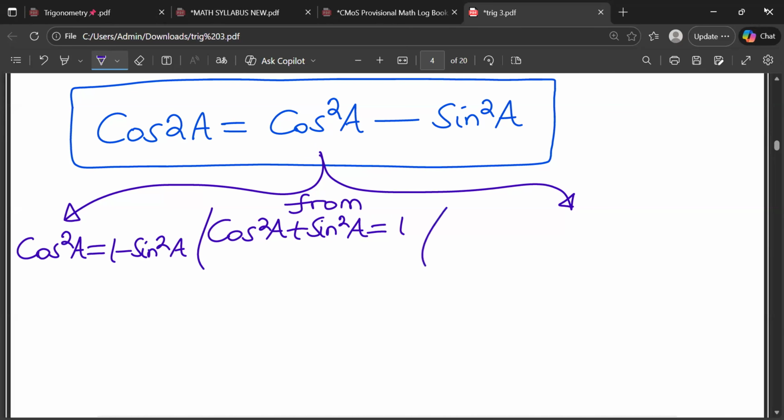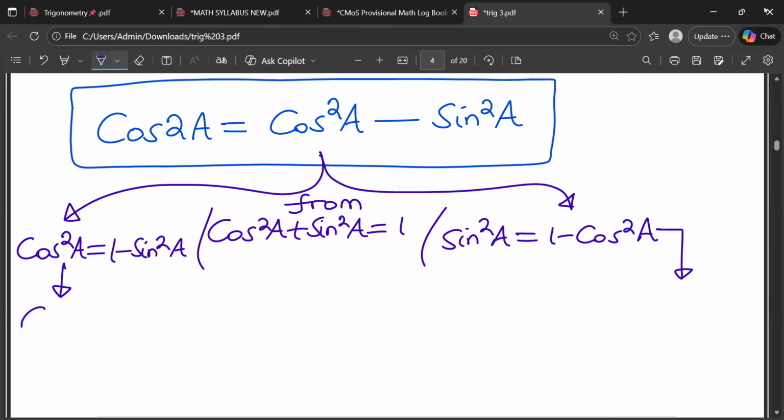Then you all know still from that same thing, sine squared alone can be 1 minus cos squared A, like that. So what I'm going to do is what they call substitution.